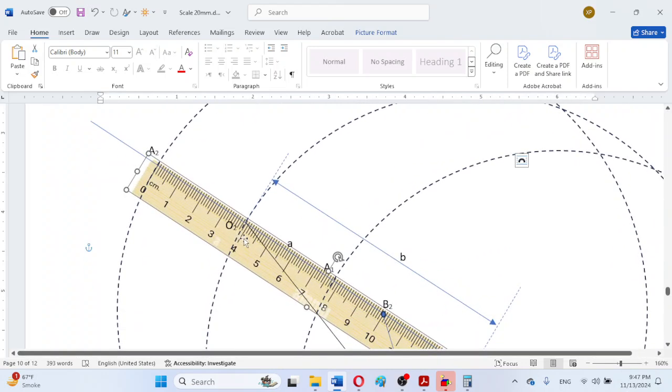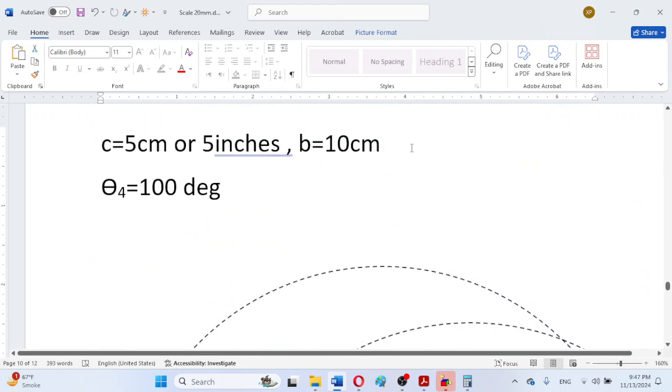So as we can observe here, this is about 3.9 centimeter.